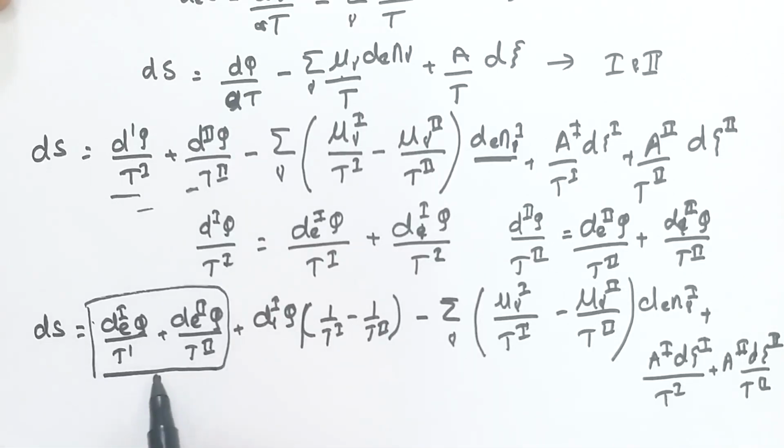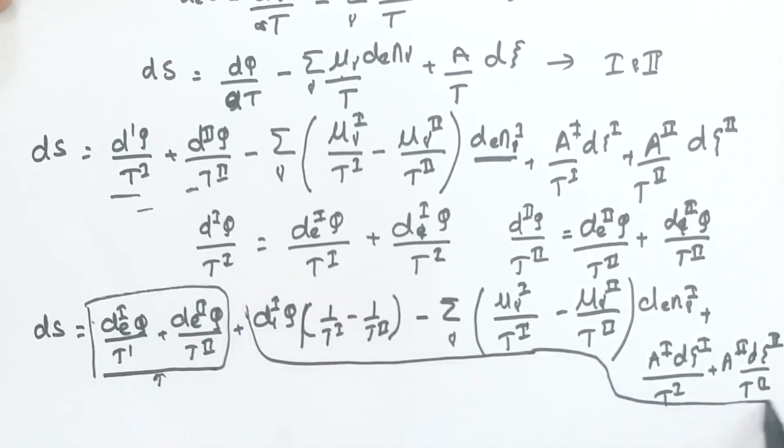So both these terms represent the heat exchange, or in other words we may say that this represents the external entropy change, and all the remaining terms represent the entropy change or entropy production when there is an internal change.